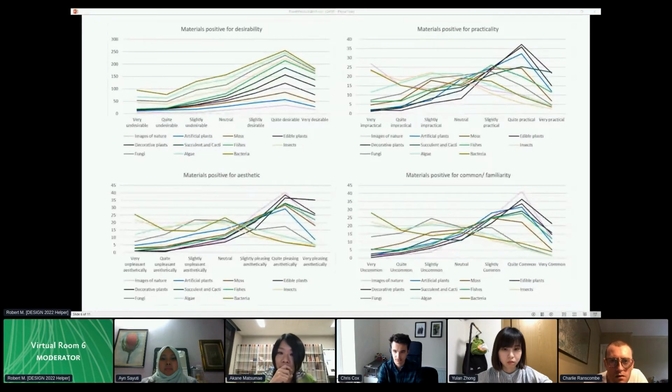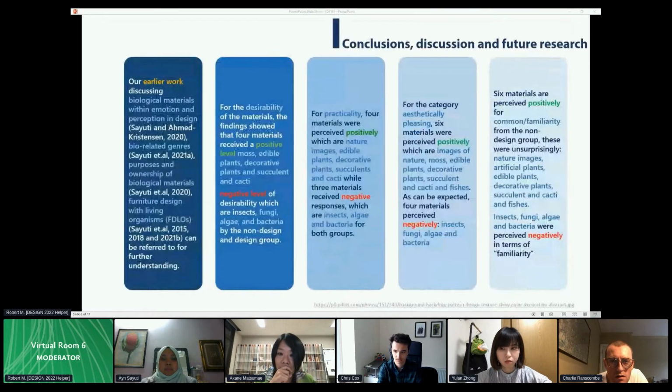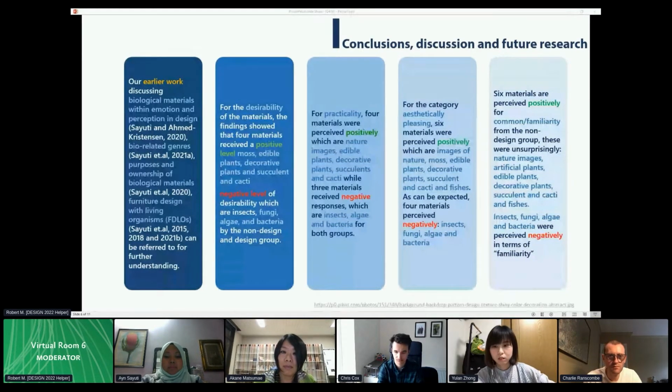Finally, for conclusion, it could be concluded that real natural element plants receive positive responses for the perceptions towards desirability, practicality, aesthetic, and familiarity, while the microorganisms, fungi, algae, and beneficial bacteria are perceived negatively. Insects are also perceived negatively.